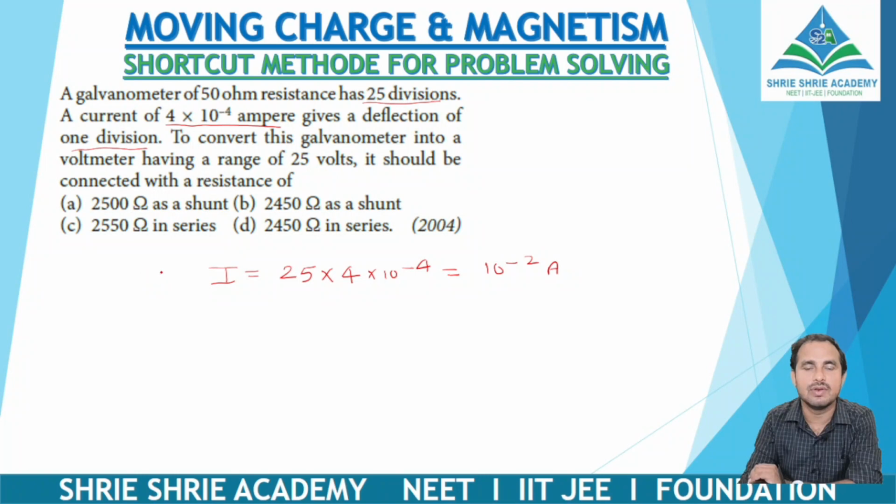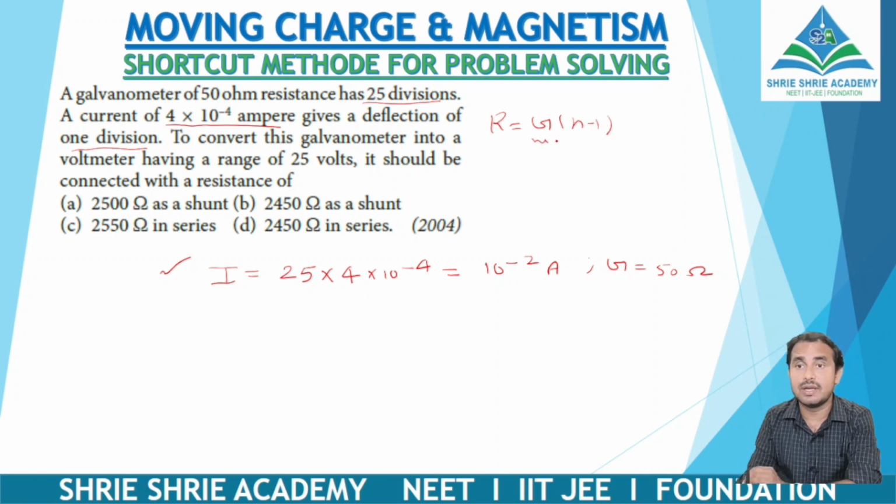So this is your initial current, and the resistance of the galvanometer is given as 50 ohm. Now he is saying to convert this galvanometer into a voltmeter having a range. So you have to convert it into a voltmeter, which means the resistance formula R is equal to, it should be connected in series. The galvanometer resistance is given, and you have to find N, where N is the new range by the old range.